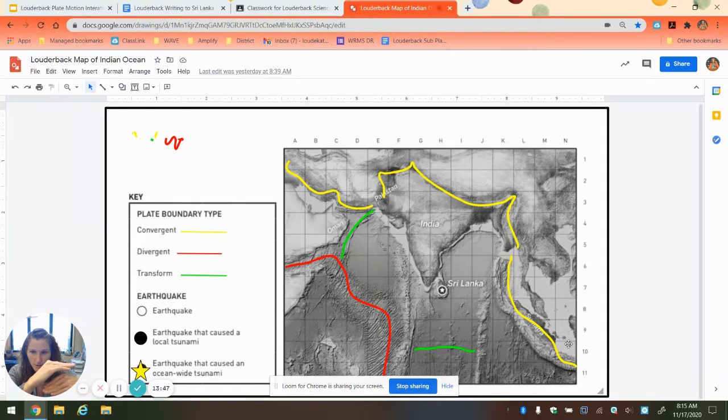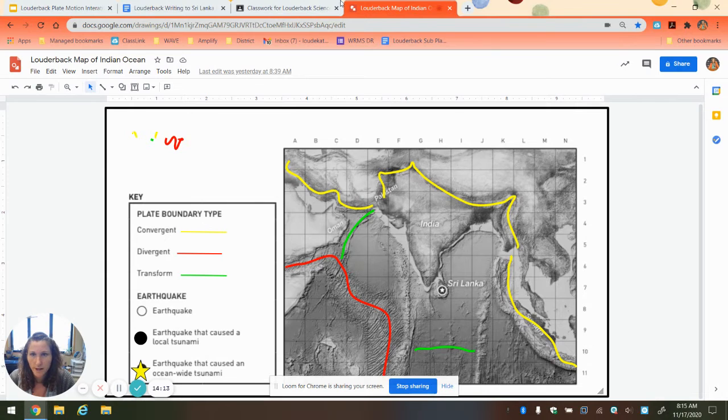When that happens, it takes a lot of pressure and a lot of energy to push something that heavy as a plate, the crust of the earth, back into the mantle. And when that happens, you get a shift in the sea floor that causes a bunch of water to be displaced. So this is something you should have read about in your tsunami rare but dangerous, your Edpuzzle on tsunamis 101.